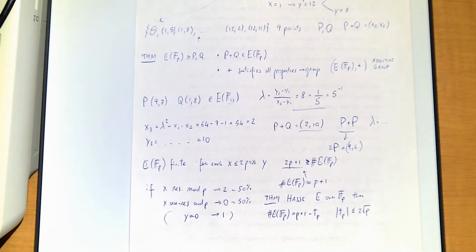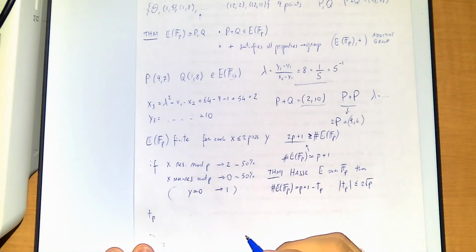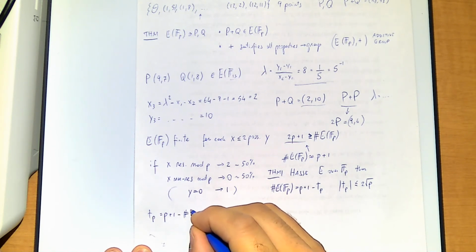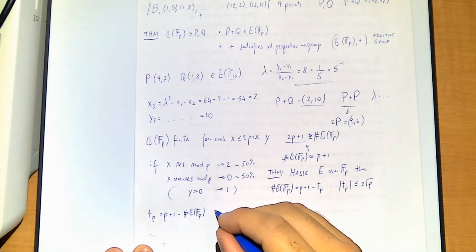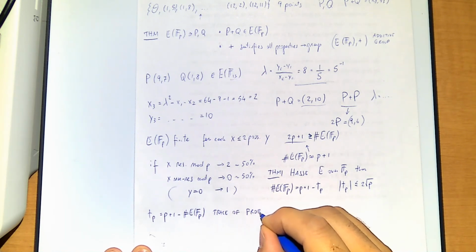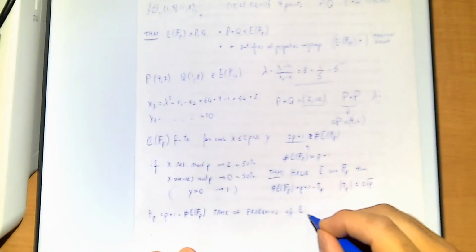This quantity Tp, which we define the other way around as p plus 1 minus the number of points of E over Fp, is in a sense an identifier of a specific curve. For each curve, we get a different value Tp, which is called the trace of Frobenius of E over Fp.